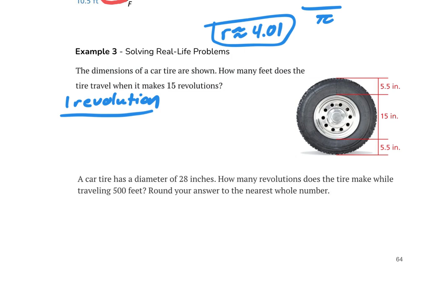as we look at this, 15 is all from the inside of the rim to the other side of the rim, okay? So if I wanted to split that in half, I could do that. I could do like 7.5 plus 5.5.